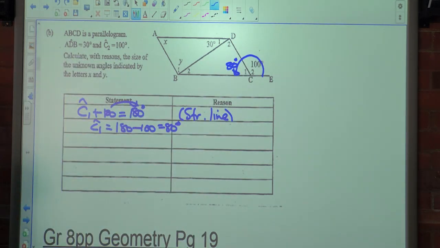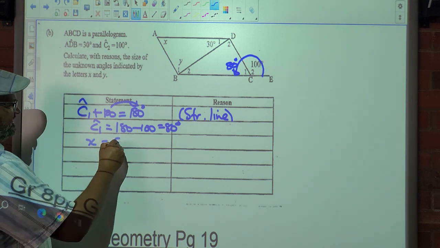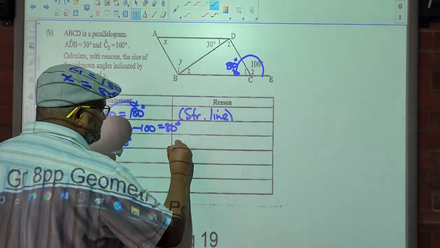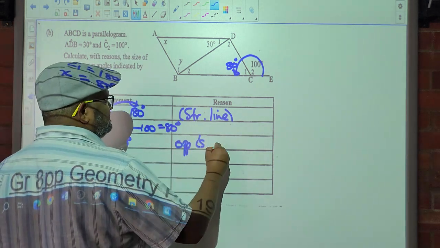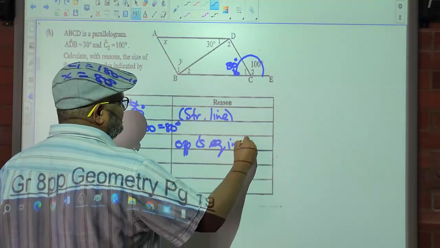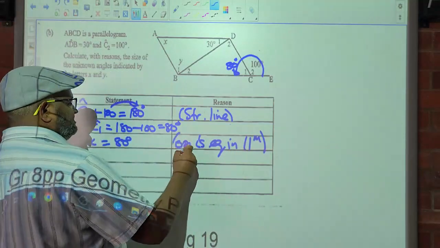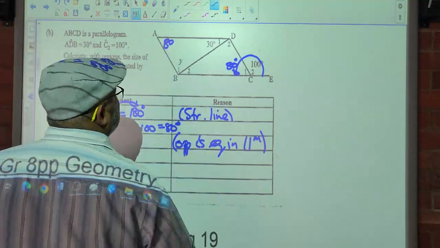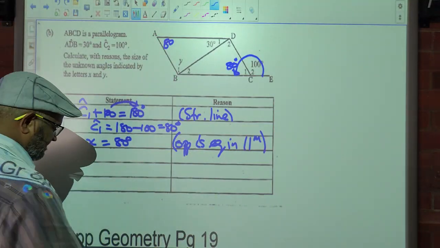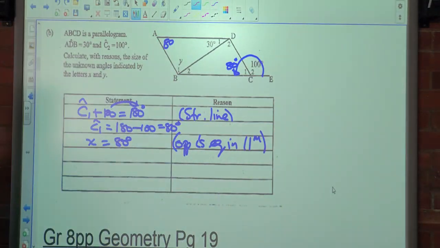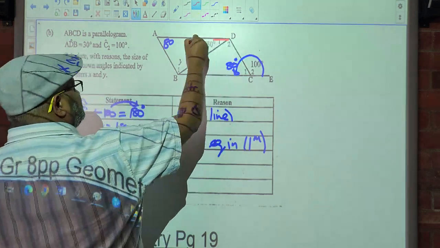Now what? X is equal to 80. Why? Opposite angles equal in a parallelogram. How do you calculate Y? Sum of triangles.